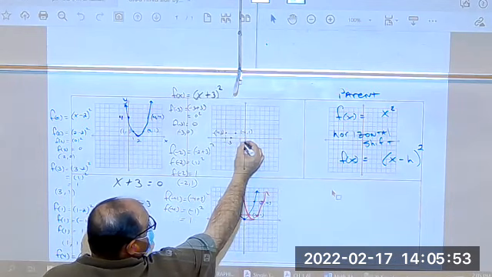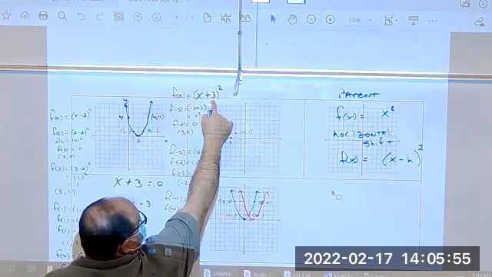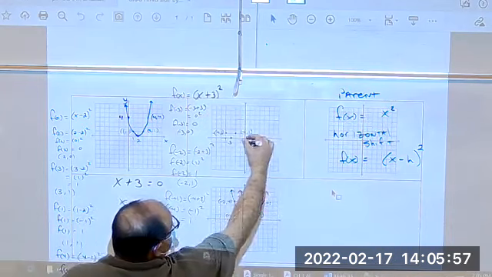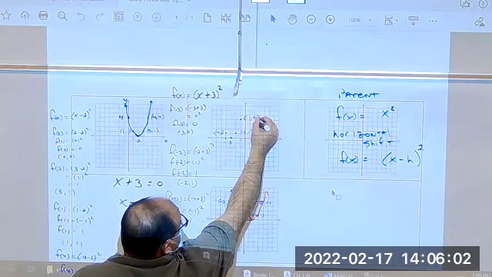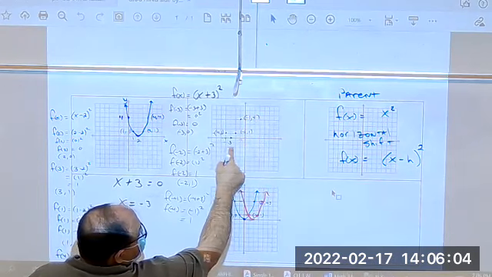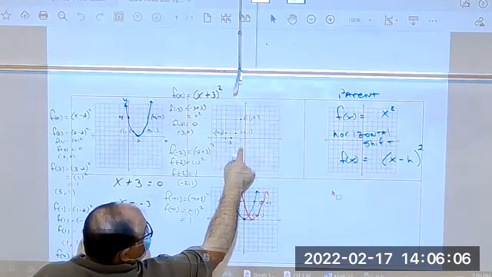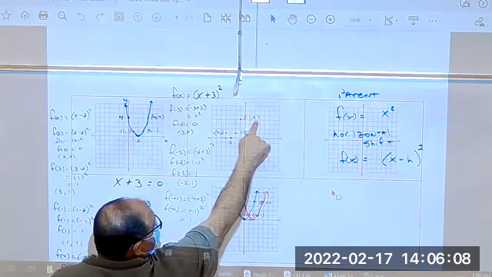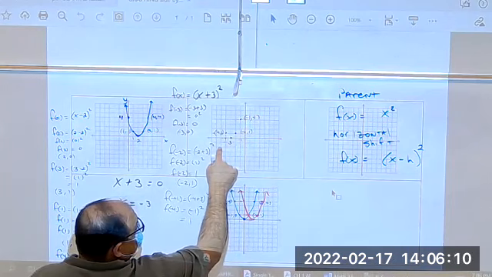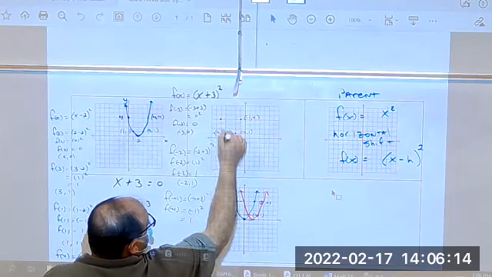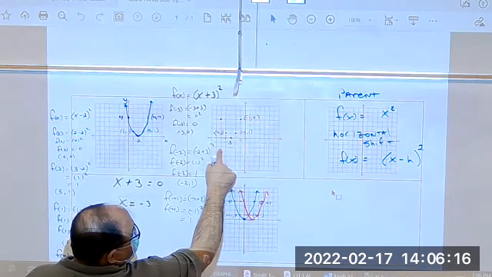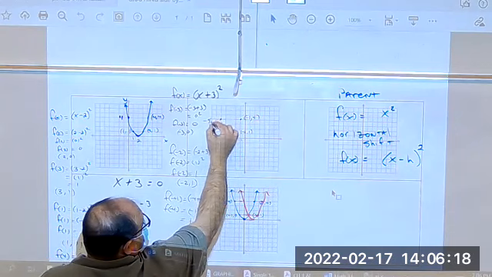And then if you plug in -1, -1 plus 3 is 2, 2 squared. At -1, I get 4. Symmetry: if two units to the right of -3, I get a 4, then 2 units to the left will also give me a 4. If I'm at -3 and I go 2 to the left, I'm at -5, +4.